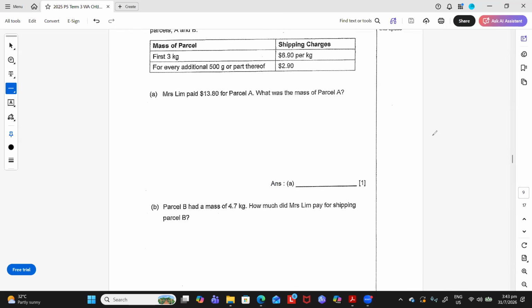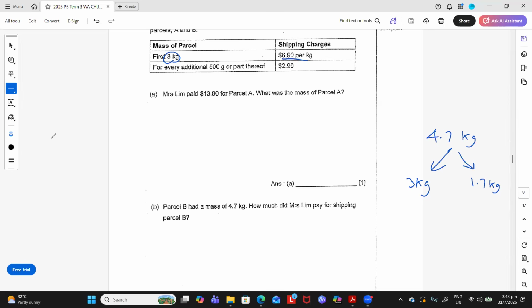So when you split 4.7 kg, right? Okay. The first 3 kg, you'll be charged like this. So this is your first 3 kg. Then you're left with 1.7 kg. So show your examiner that you're splitting 4.7 into 3 kg and 1.7. I won't have much space to write below, and I need the table above.